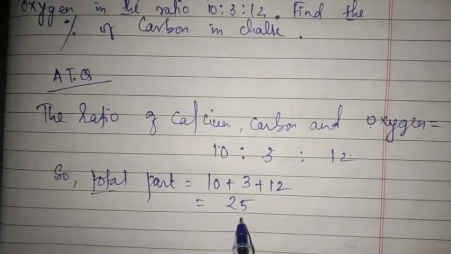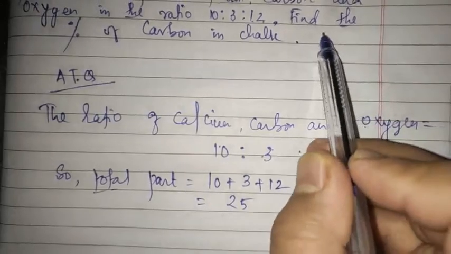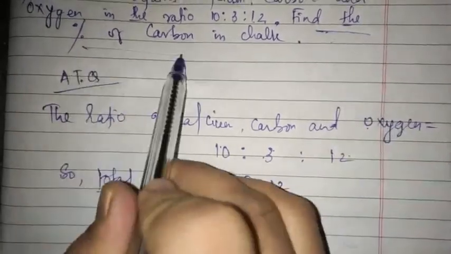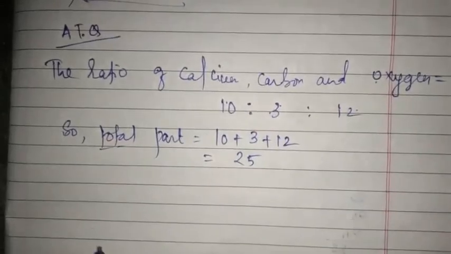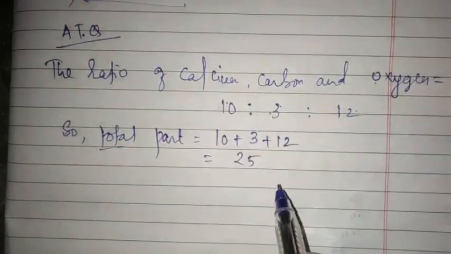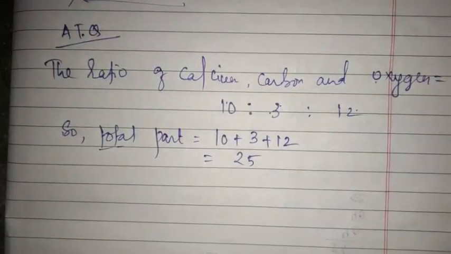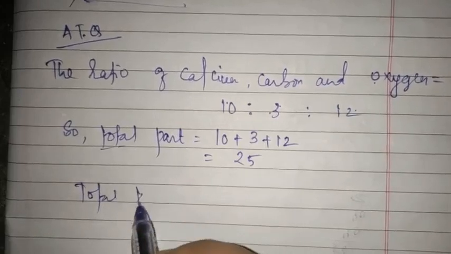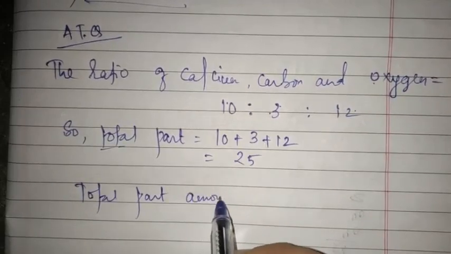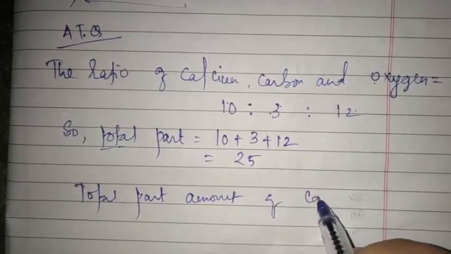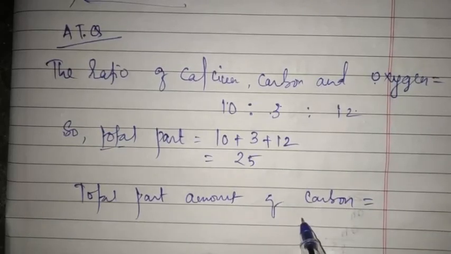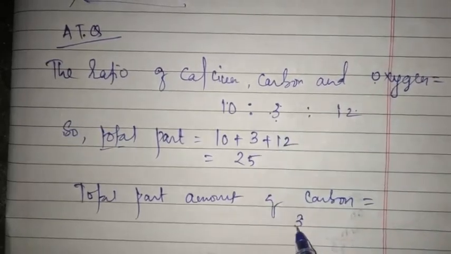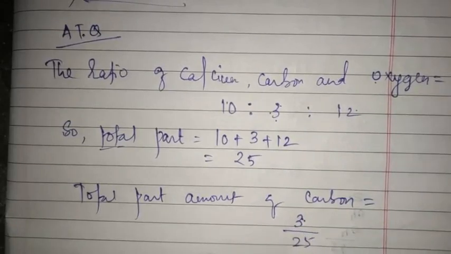Now after getting the total part, they have just asked to find the percentage of carbon, right? So among this total part, what is the part amount of carbon? We can write the total part amount of carbon is equal to 3 divided by 25, out of 25, 3 parts is carbon.